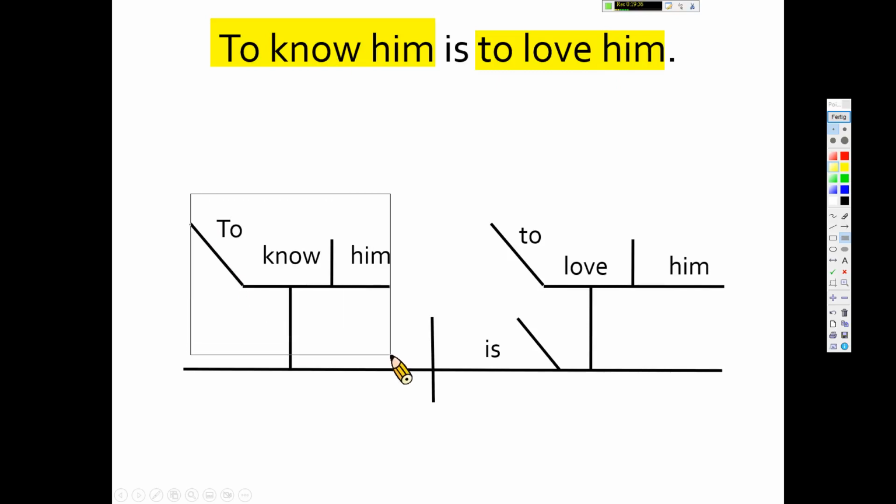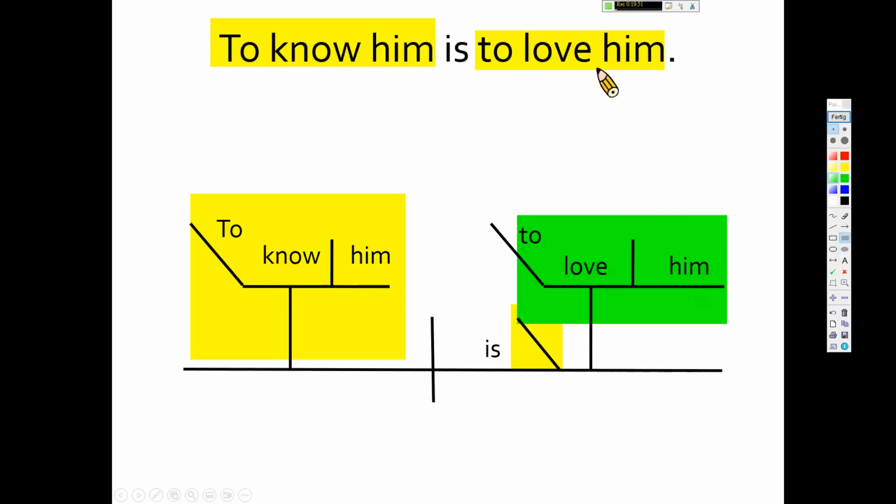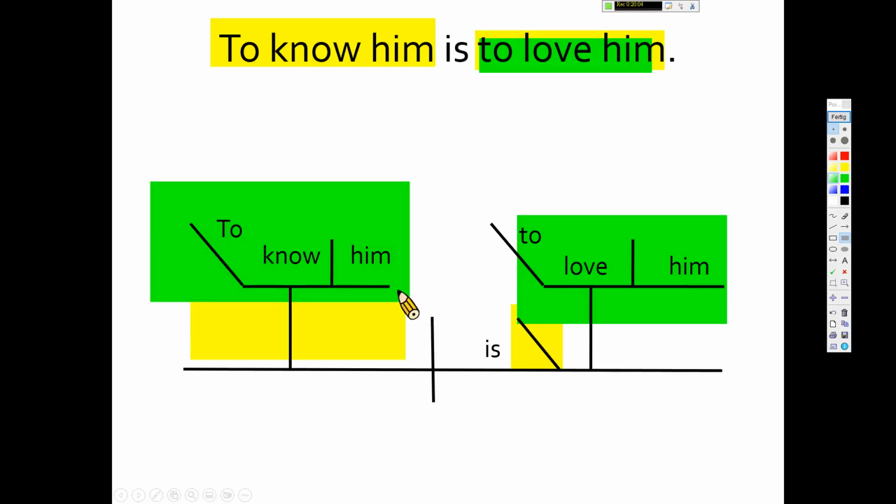So you can see this is the whole segment. To know him, put on the pedestal, is to love him. And there's a diagonal line here because this is a subject complement, right? When you construct the infinitive phrase, you put to and verb and object, and this is a whole segment. So, to know him is to love him.